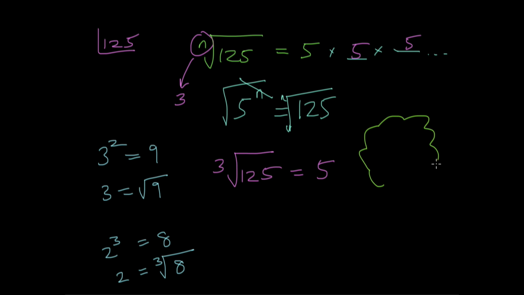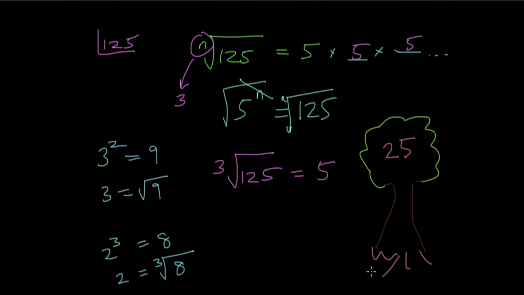If I have a tree and I have a number 25 up here, think about what roots of the tree can somehow multiply to give us 25. Now you want the roots or the base of the tree to be equal so that the tree is balanced. So we're asking ourselves what equal roots in the base can multiply to give 25.